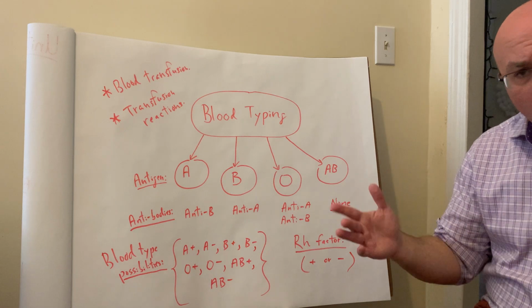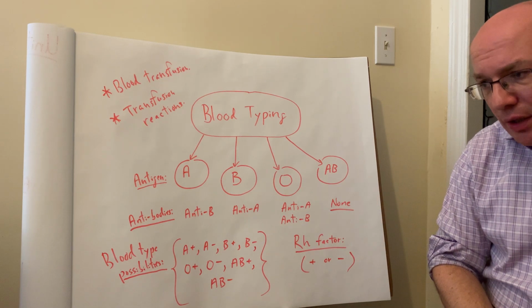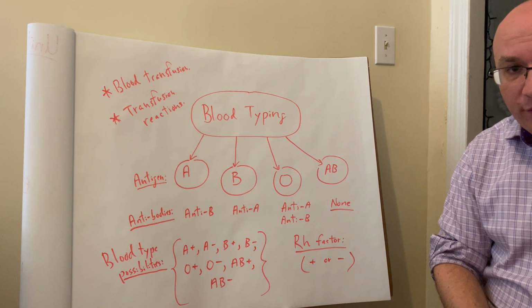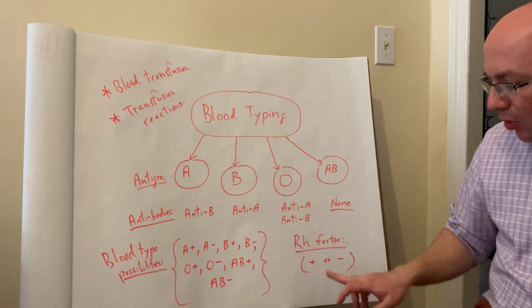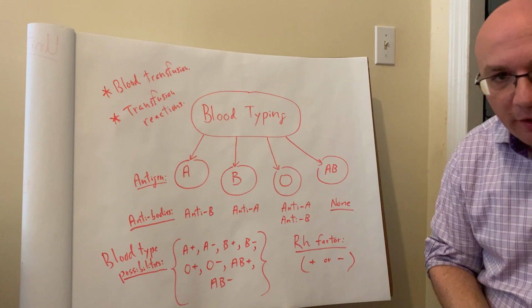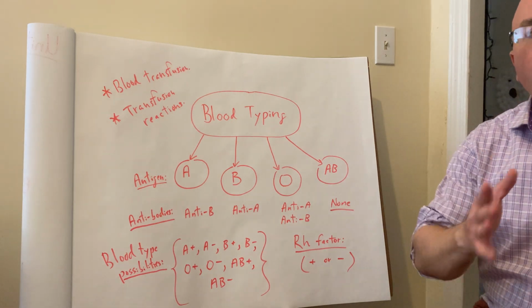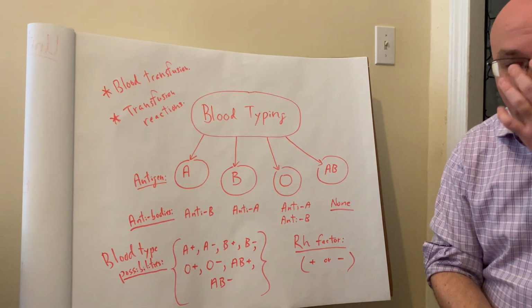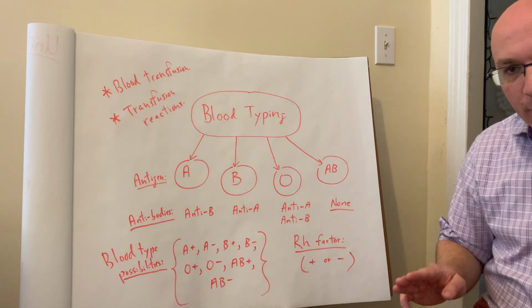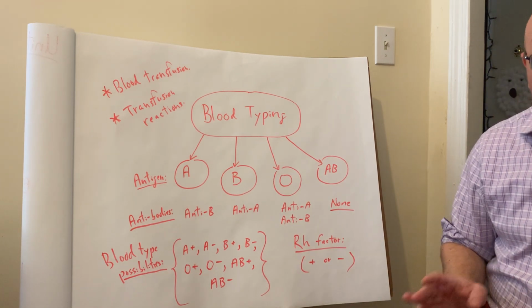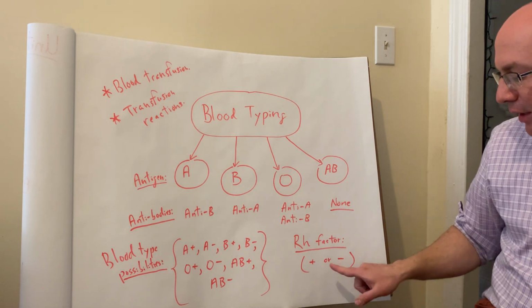In reality, there's actually multiple antigens involved here, but we're going to say either you have inherited the Rh factor, which means you get a plus next to your letter, or a minus if you have not inherited Rh. So again, if Rh is expressed on your red blood cell, there's a plus. If Rh is not expressed, meaning Rh antigen is not on your red blood cell, then you get a minus here.